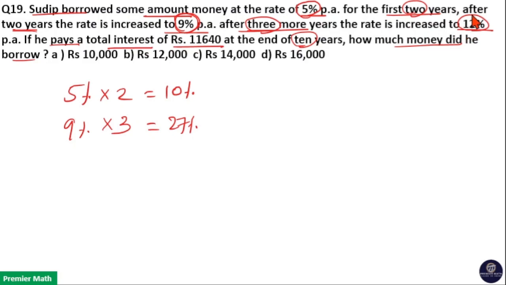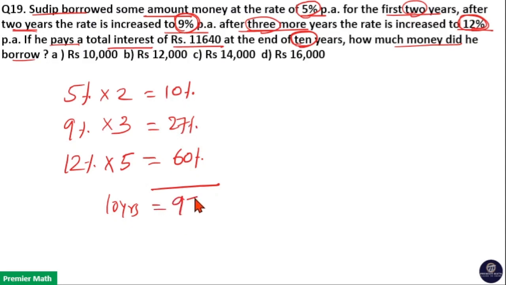Then rate is increased to 12%. And total number of years 10 means remaining is 10 minus 3 plus 2, that is remaining years is 5 years. So for these 5 years he paid 12% per annum. So total is 12% into 5 is equal to 60%. Now total number of years is for 10 years he paid 60 plus 10, 70 plus 27, that is 97% interest he paid for 10 years.